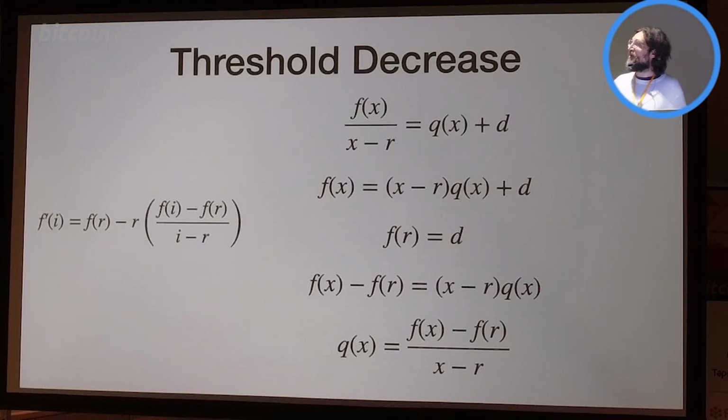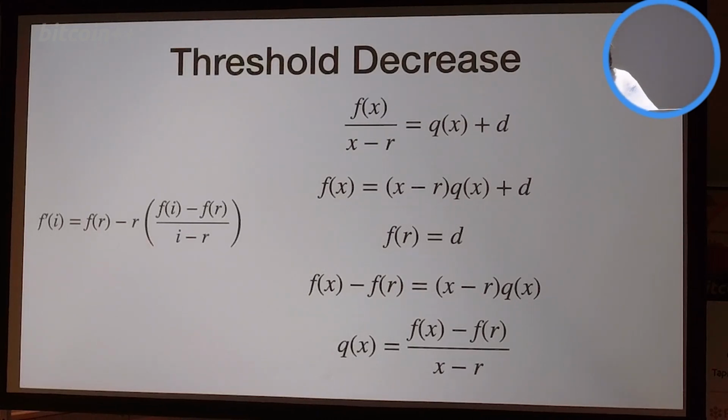Now, if we manipulate that equation by multiplying each side by x minus r, we can see that if x is equal to r, then f of r will equal d, our remainder. Because when we plug in r, we're going to get r minus r, which is 0, times the quotient polynomial. So f of r equals d.